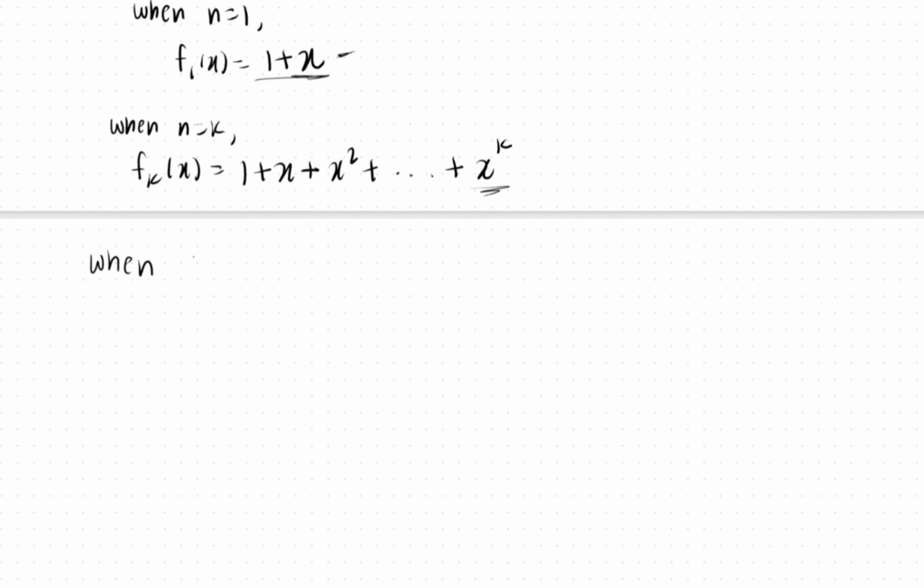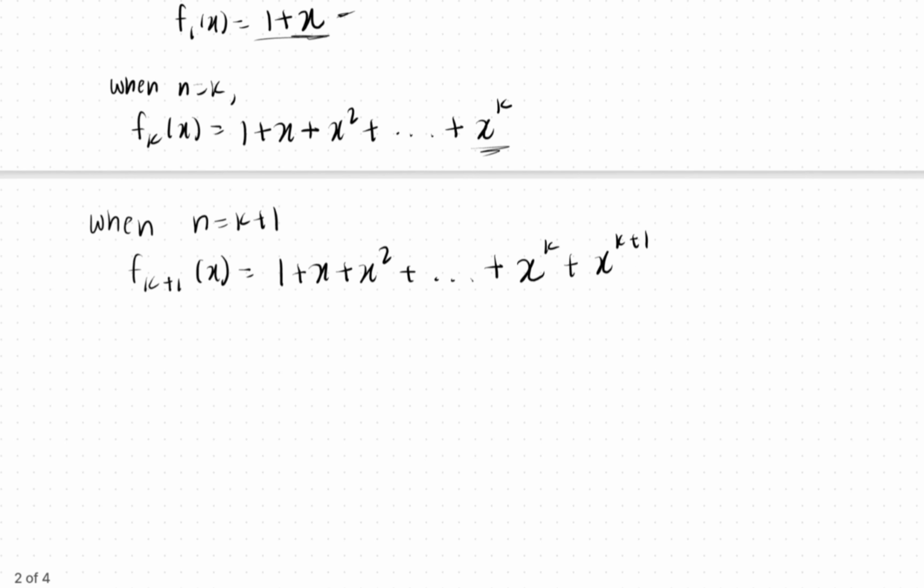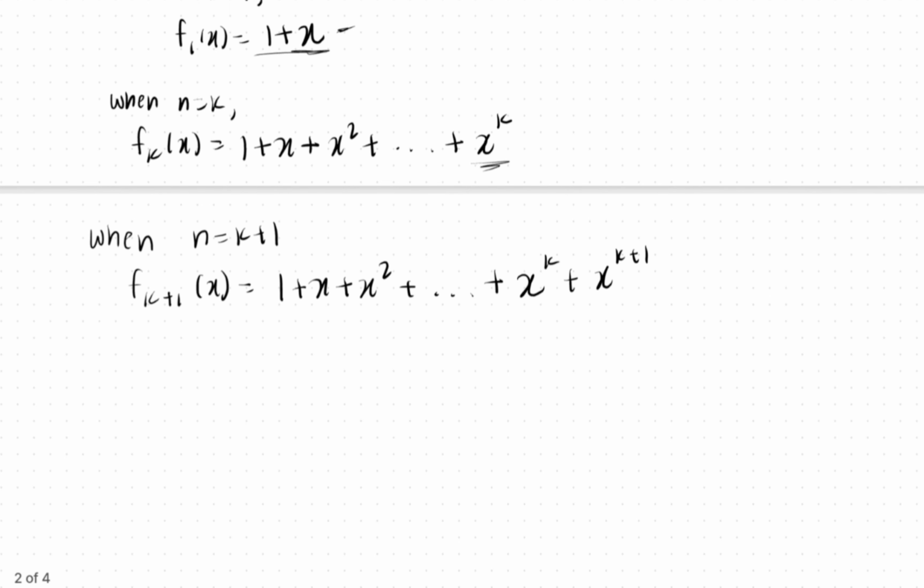So when n is equal to k plus 1, f_{k+1}(x) is supposed to equal 1 plus x plus x squared plus ... plus x^k plus x^{k+1}, right? So let's assume that when n is equal to k, this is true.